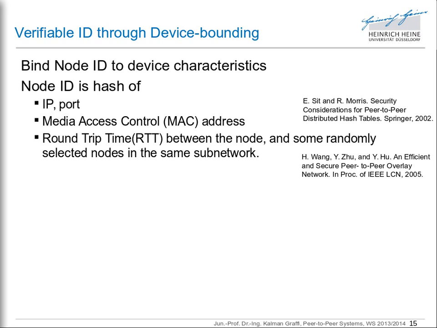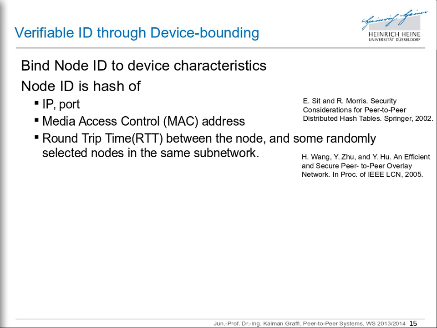We bind our node ID to device characteristics. For example, our node ID could be the hash of our IP address, our port, maybe the MAC address, and the round trip time to a node which is randomly selected from the same subnetwork.